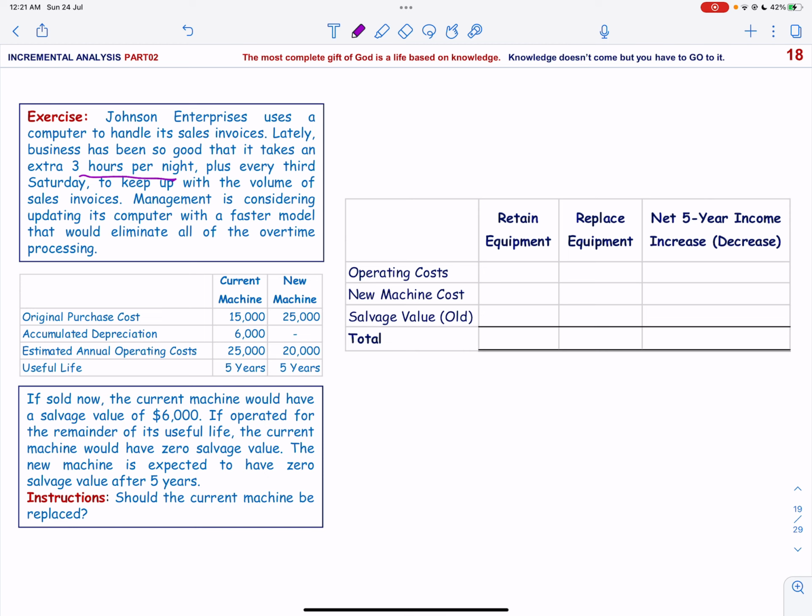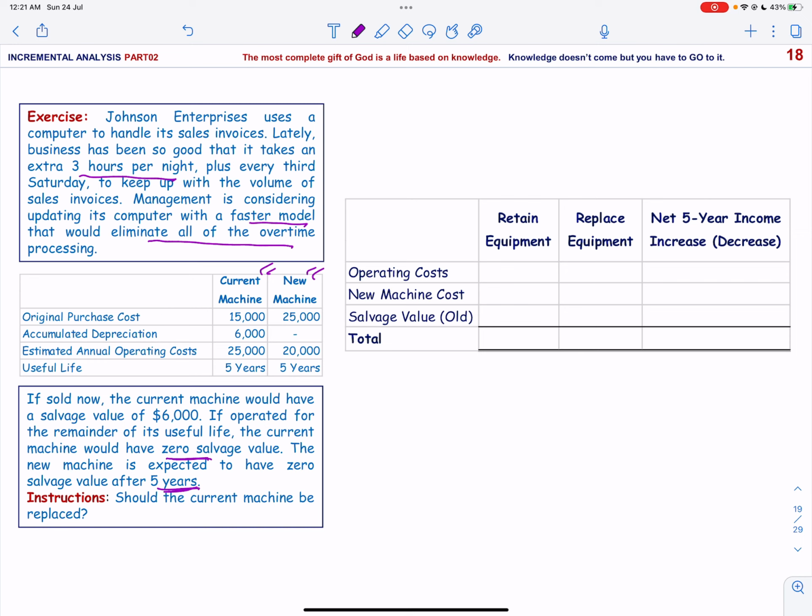Management is considering updating its computer with a faster model that would eliminate all of the overtime processing. So we have the current machine, and we have a new machine proposal. If sold now, the current machine would have a salvage value of 6,000. If operated for the remainder of its useful life, the current machine would have a zero salvage value. The new machine is expected to have zero salvage value after 5 years.